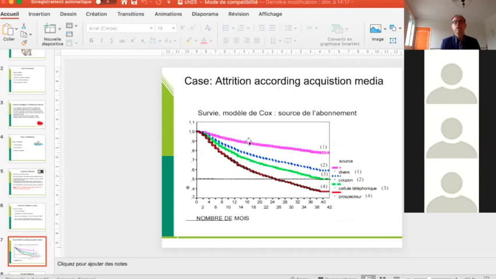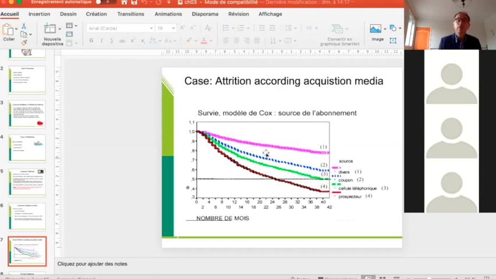And finally, those who came voluntarily have, after 42 months, so 3.5 years, the highest survival probability to stay with the journal. According to the medium of acquisition, it's better to recruit customers who came freely on their own, as they have higher survival probabilities than those who were forced.